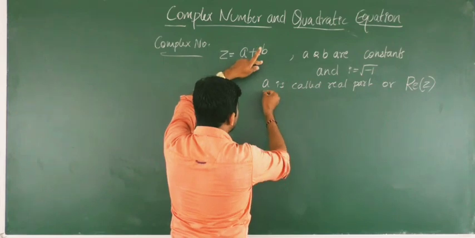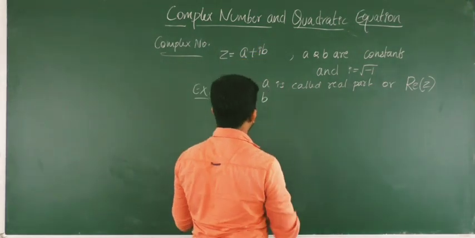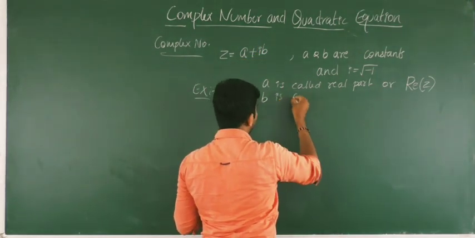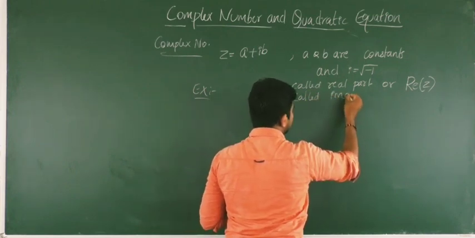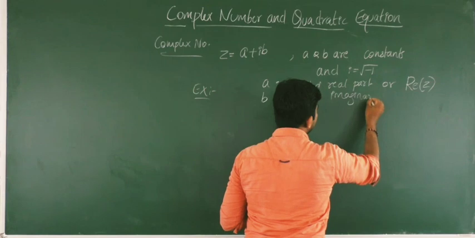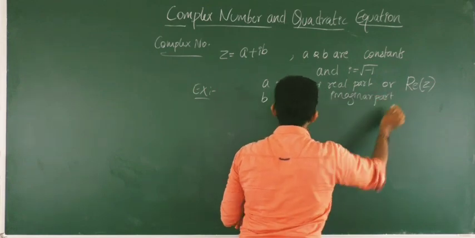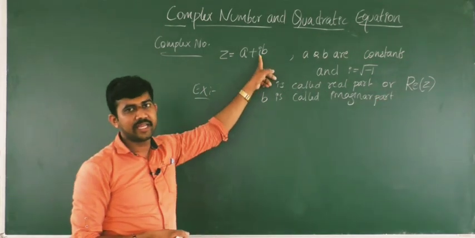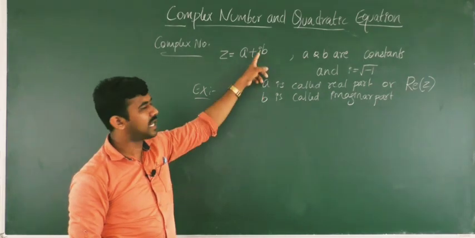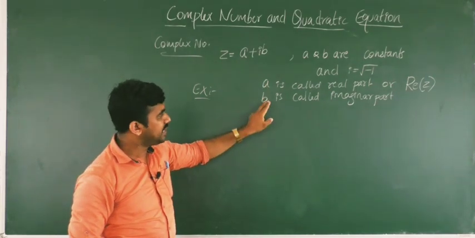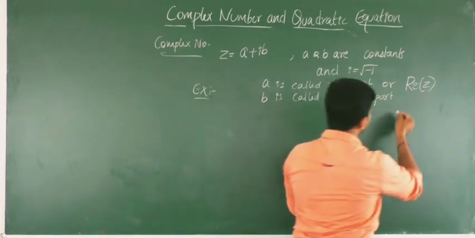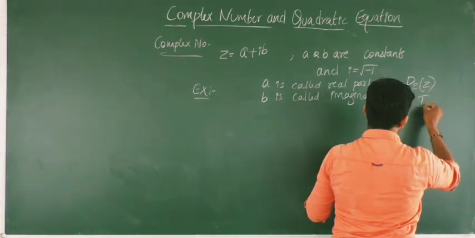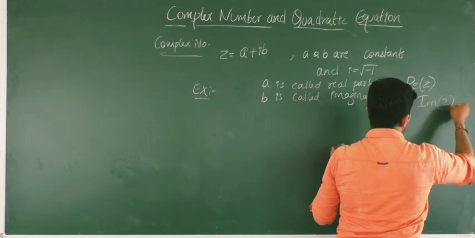Similarly, the second one, b, is called the imaginary part. Why is b called the imaginary part? Because b is the coefficient of i. So b is called the imaginary part, and it is denoted by Im of z.